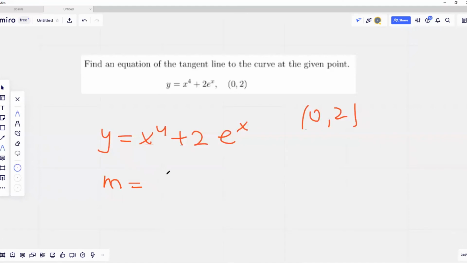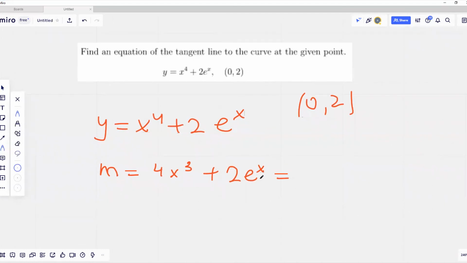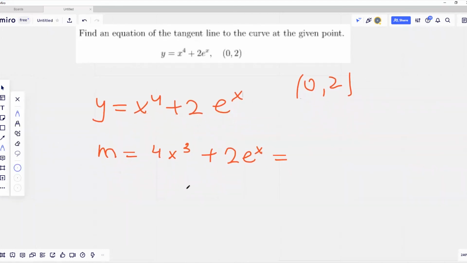So the derivative here is equal to 4x to the power of 3, using the power rule for derivatives, plus 2 times the derivative of the exponential, which is simply e to the power of x. So this is then equal to, if we substitute x is equal to 0, we have 0, and this is 2.